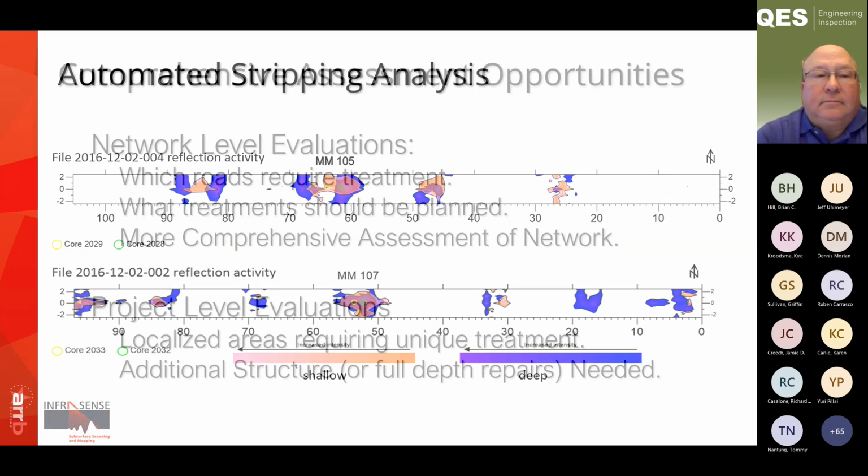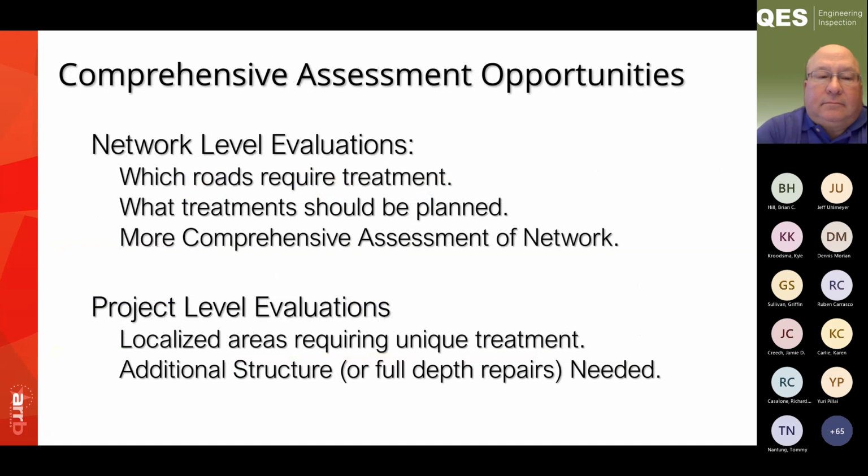Next slide. Again, comments. Having talked to, we've collected data in 30-some-odd states over the past 4 or 5 years. And it's always interesting the difference between the ones who want to do the network level evaluations and the ones who want to do the project level evaluations. It's usually a function of what division they work in, whether they're in planning or in materials.